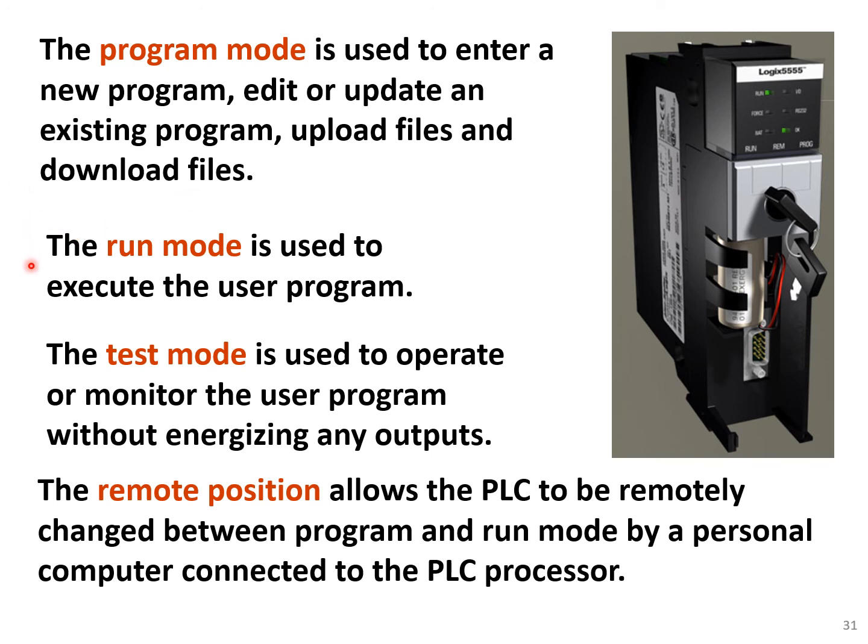The run mode is used to execute the user program. The test mode is used to operate or monitor the user program without energizing any outputs. The remote position allows the PLC to be remotely changed between program and run mode by a personal computer connected to the PLC processor.